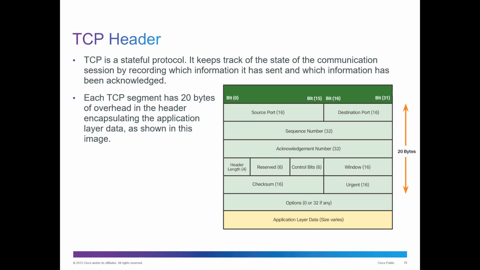Here is our TCP header. We have a source port, which most of the time ends up being a randomly generated port in the dynamic range of ports available to you. You have a destination port, which is most often predefined, like HTTP would be port 80, FTP would be port 21, I believe it is, and so on and so forth.